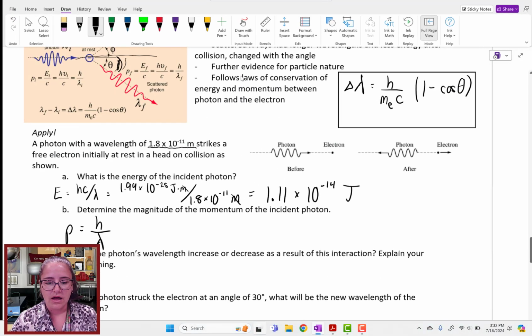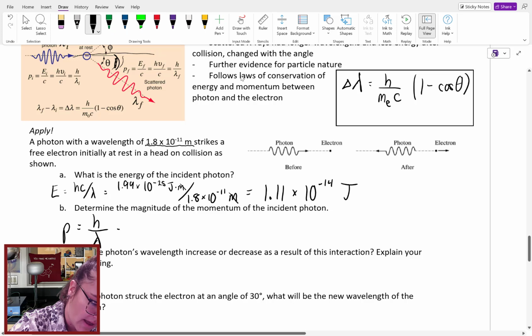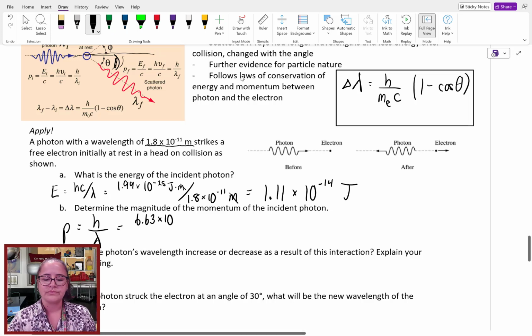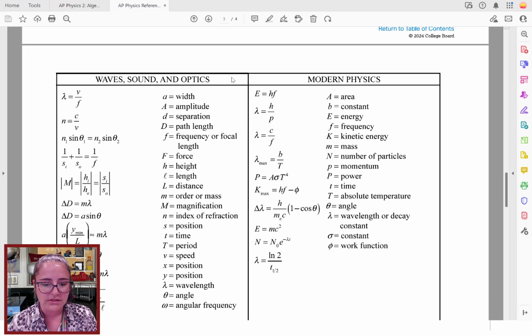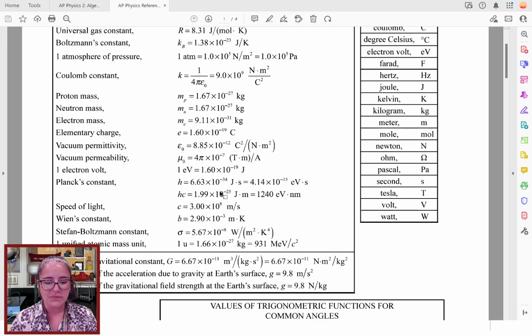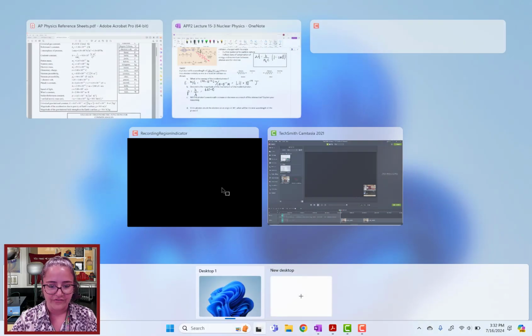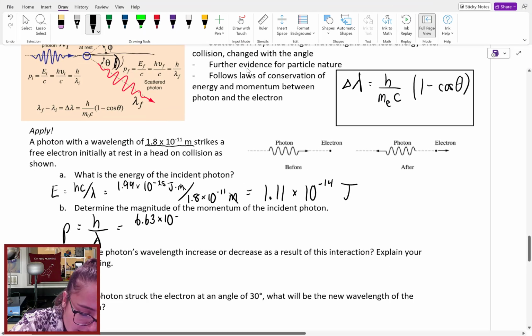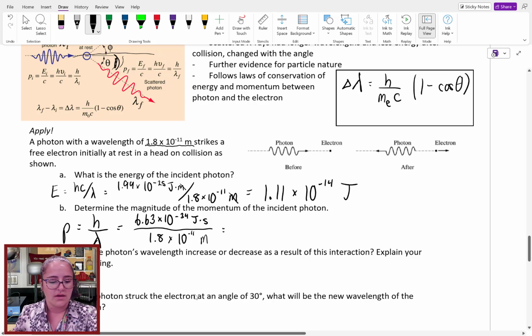So we have h, 6.63 times 10 to the negative 34 joule seconds, divided by that wavelength, 1.8 times 10 to the negative 11 meters.